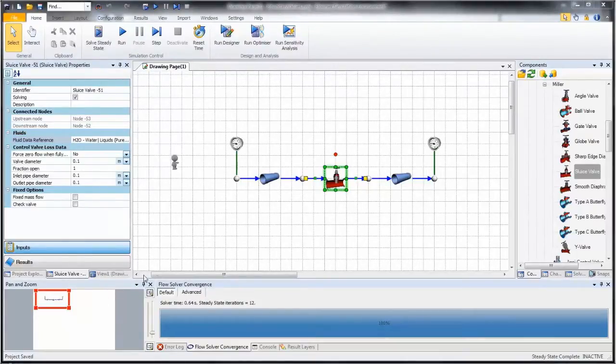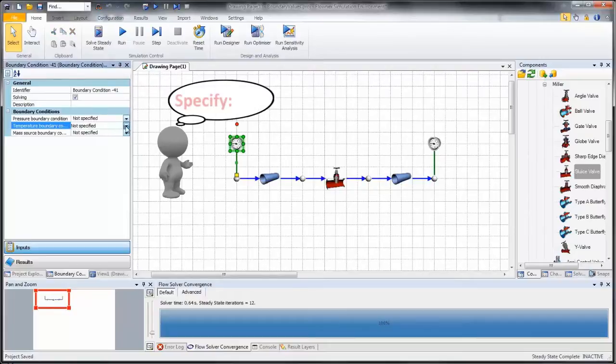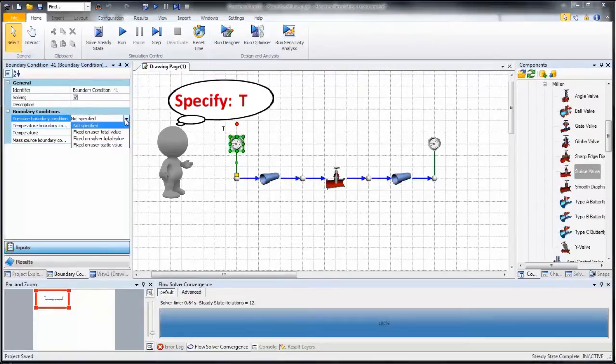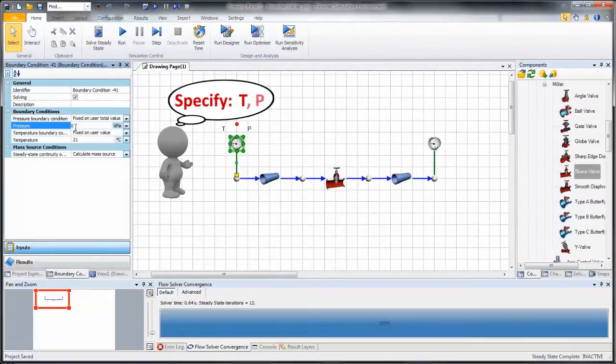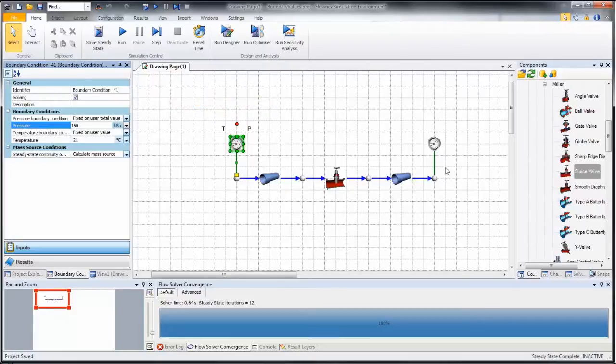At the inlet, we need to tell Flownex if the part of the system we are not modeling contains a high temperature or low temperature fluid, and if the fluid is at a high or low pressure. So it is imperative to specify the temperature and pressure at the inlet. Got that? Okay. Let's look at the outlet boundary value.